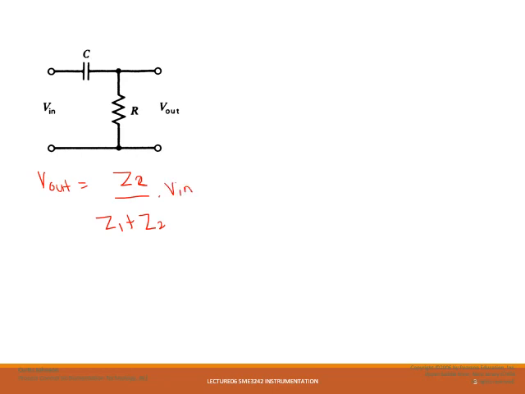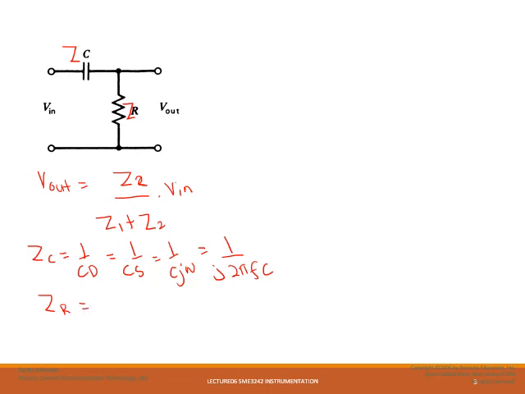In this case, we have ZC here and ZR here, where we know that ZC is equivalent to 1 over Cs, which is equivalent to 1 over Cj omega, and can also be written in terms of frequency as j 2 pi Fc. While for ZR, the impedance value is R.